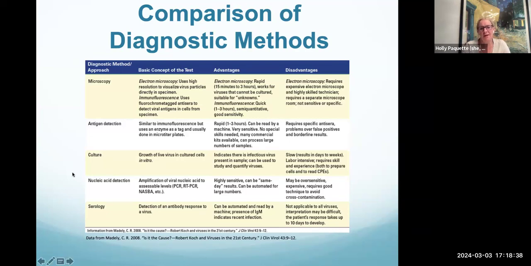The other one that's a really nice one is that nucleic acid detection. It does take usually hours to even a day to actually do the test. But the super nice thing about it is it's very sensitive. And that's a great one for when we're looking at SARS-CoV-2.